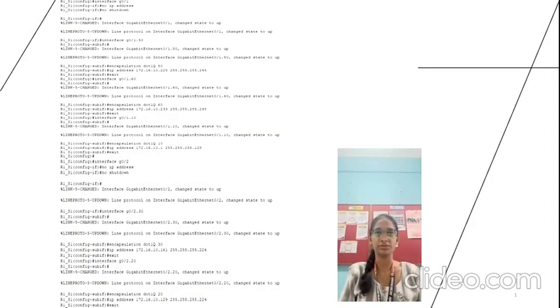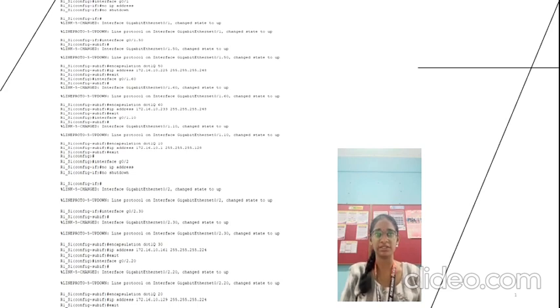Interface G0/1.50, encapsulation dot1Q 50, ip address 172.16.10.225 255.255.255.248, exit. Interface G0/1.60, encapsulation dot1Q 60, ip address 172.16.10.233 255.255.255.248, exit.